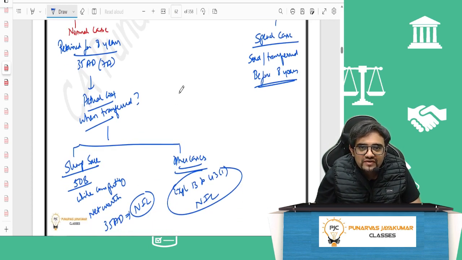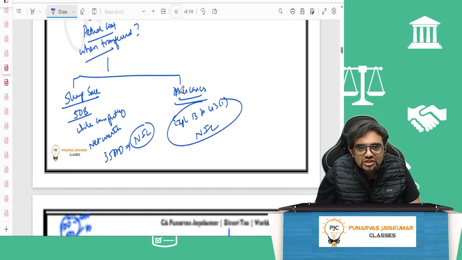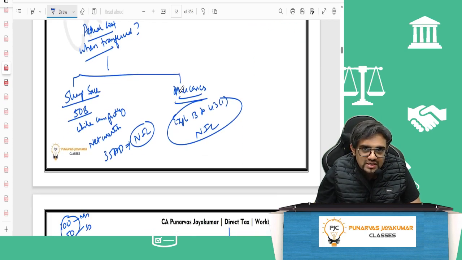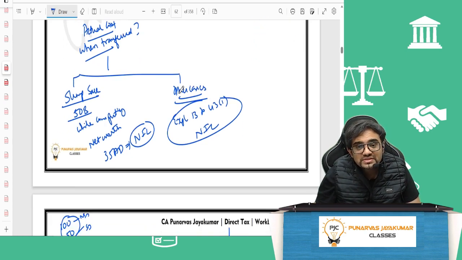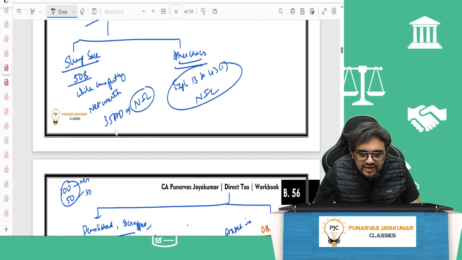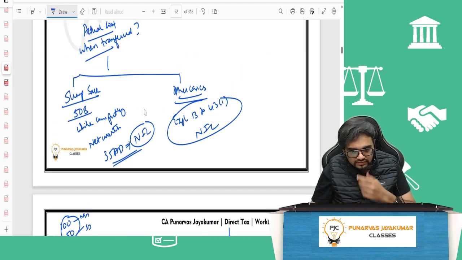If it is retained for 8 years, my dear friends, and then it is sold as a slump sale under section 50B, since you have already taken the full amount as a debit to the P&L account, while computing the net worth, 35AD will be taken as nil.